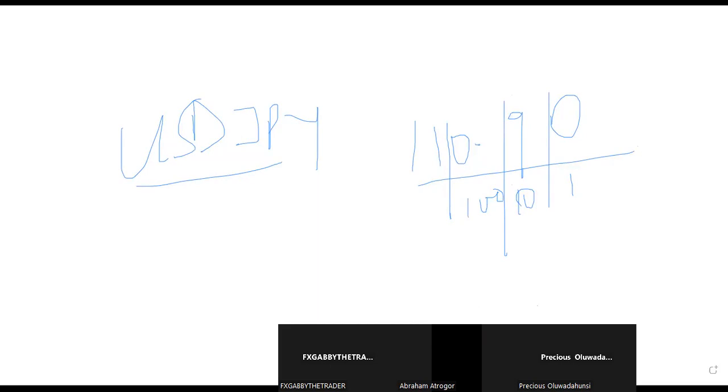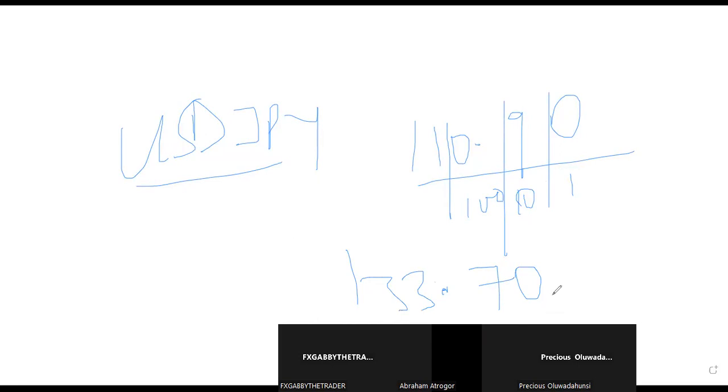So if USD is currently trading at 133.70, so what changed in this particular place? This is somewhat more technical.